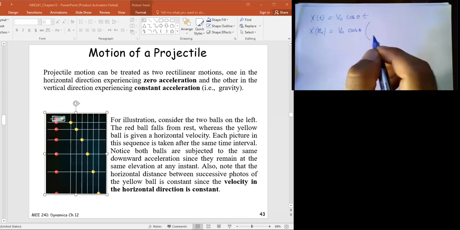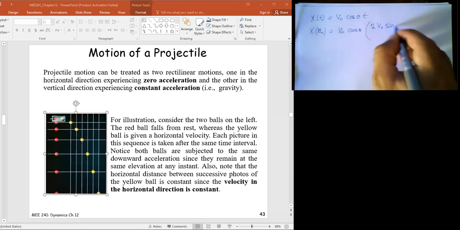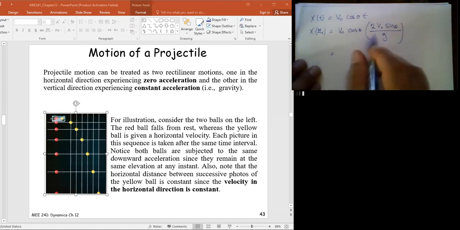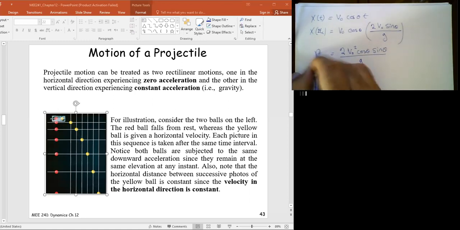What was t in this case? 2 v0 sine theta over g, right? All agreed here? So it's going to be 2 v0 squared cosine theta times sine theta over g. So this is the projectile range.